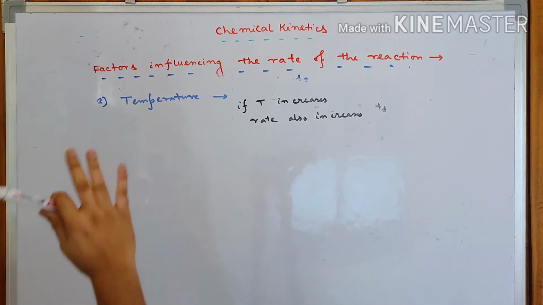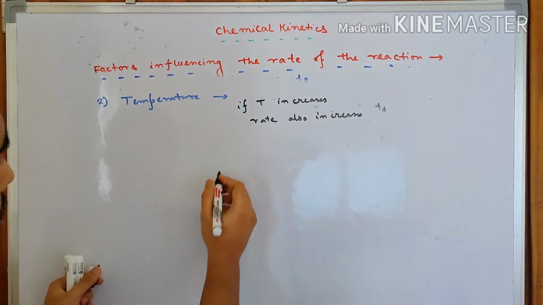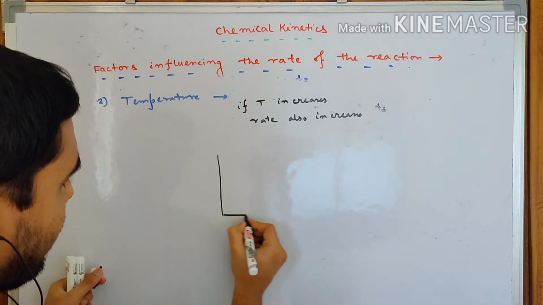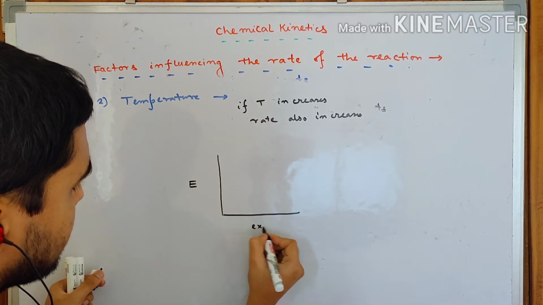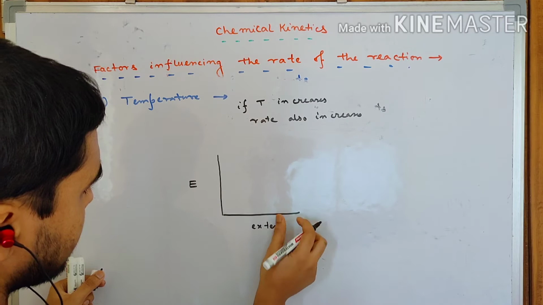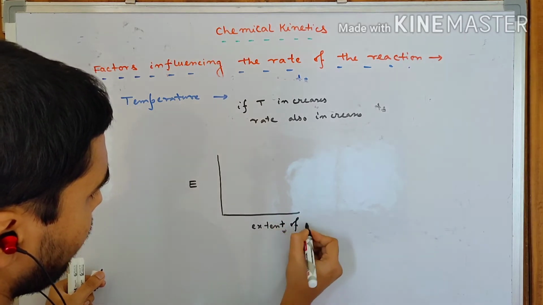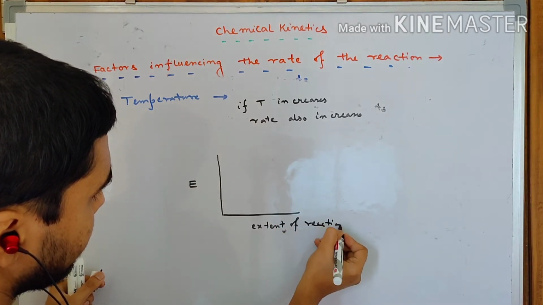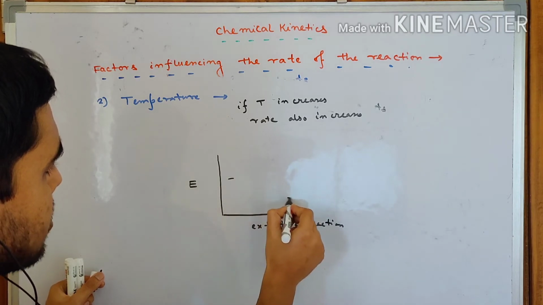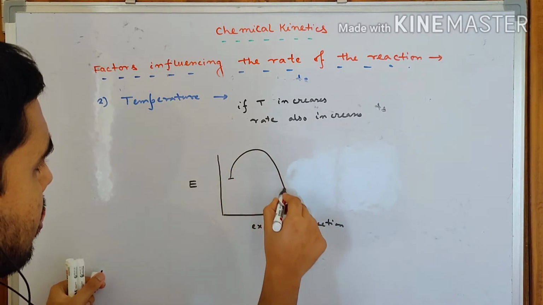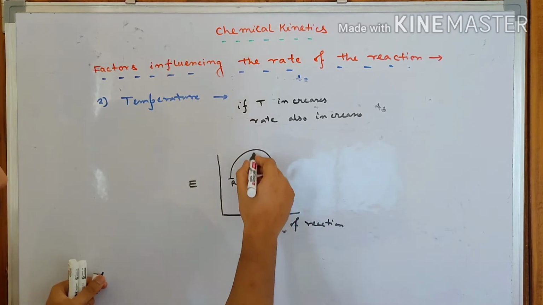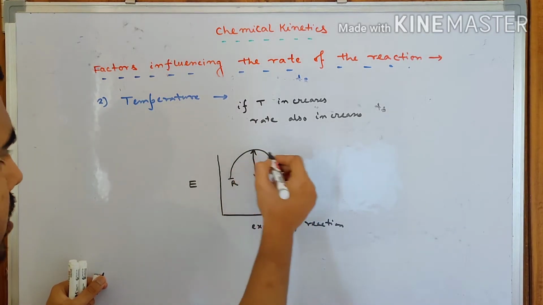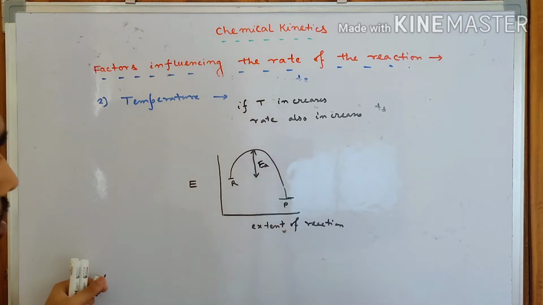Actually, behind this there is a logic. The logic is, if we are plotting energy versus extent of reaction, the reaction is normally like this: R giving rise to P. So this much we call activation energy.